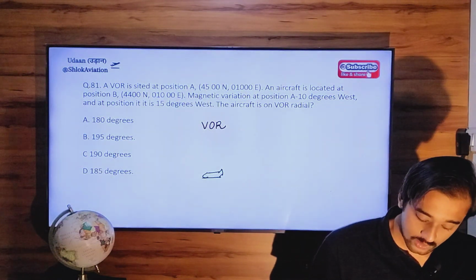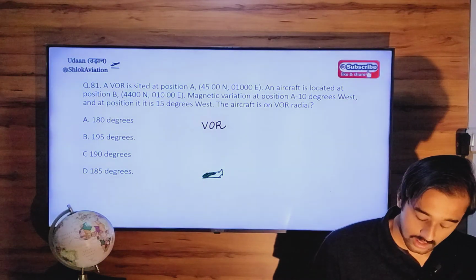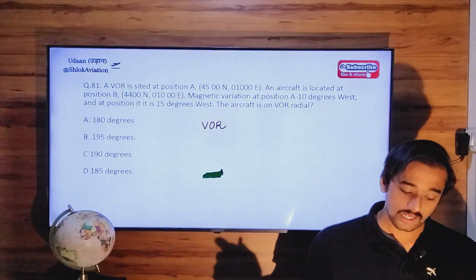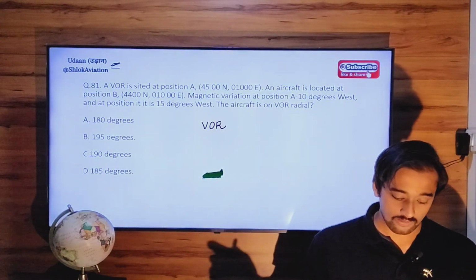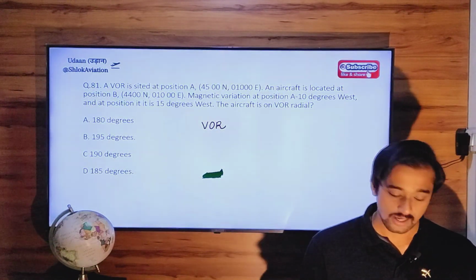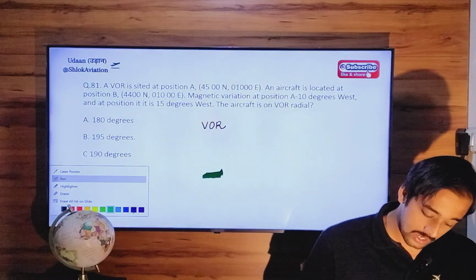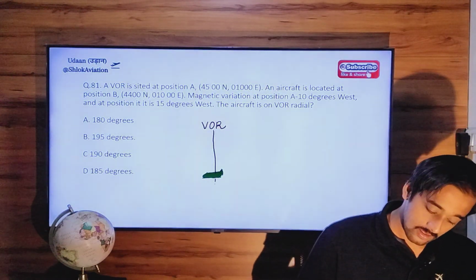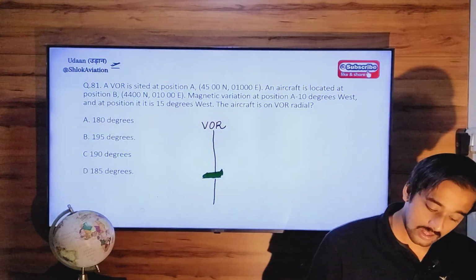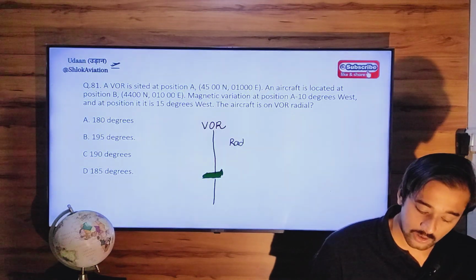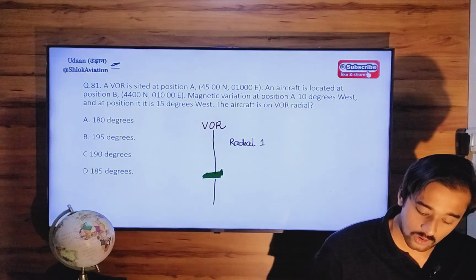VOR is directly to the north of aircraft because VOR is at 45 degree north and aircraft is at 44 degree north. So the radial, that means aircraft is located on radial 180.